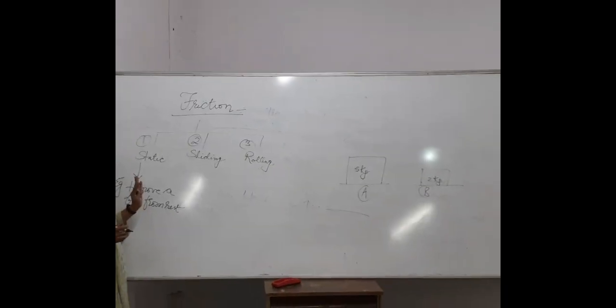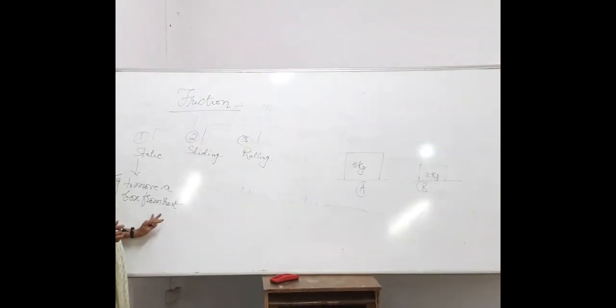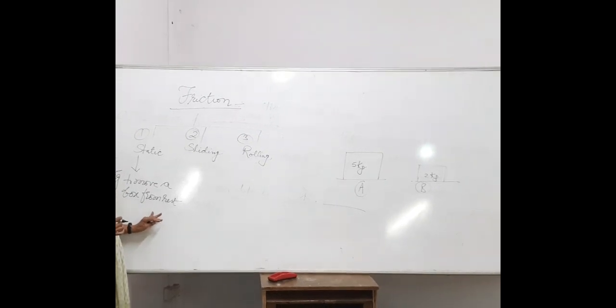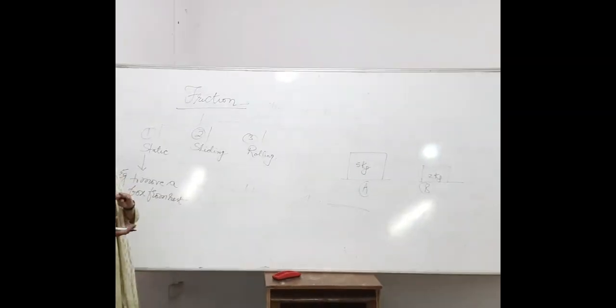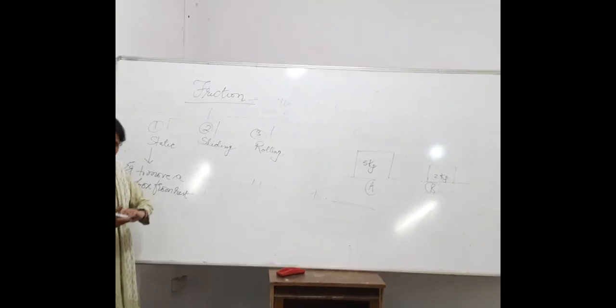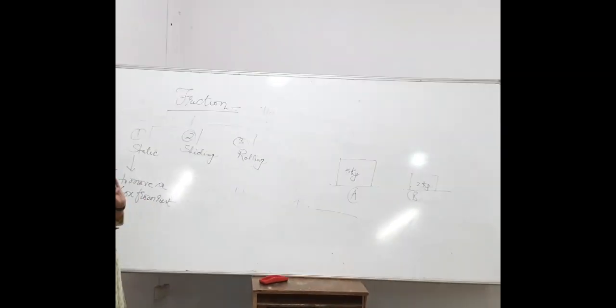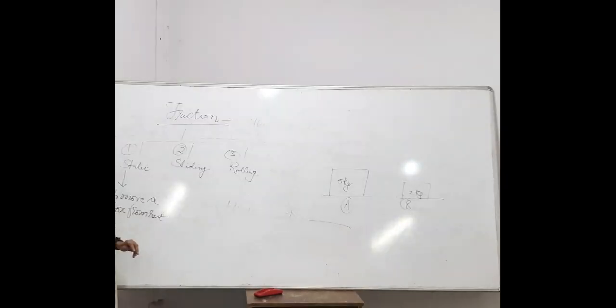So it is very great. Friction is more here because to overcome the interlocking between two objects, we have to apply a lot of force. That's why static friction is greater.